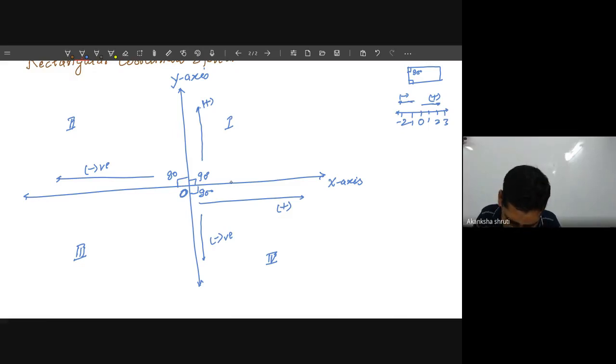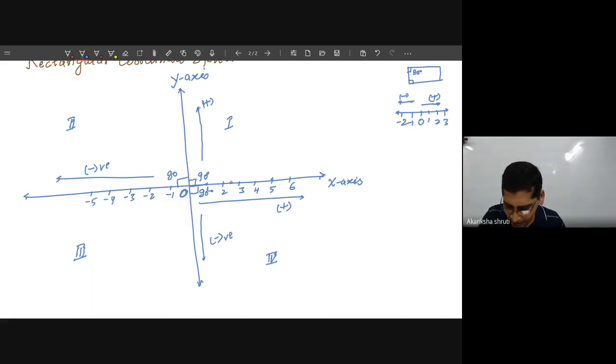So this length is, say, 1 centimeter, or consider this as 1, the next 2, the next 3, 4, 5, all equidistant, then 6, and so on. Coming to the negative side, -1, -2, -3, -4, -5, and so on.